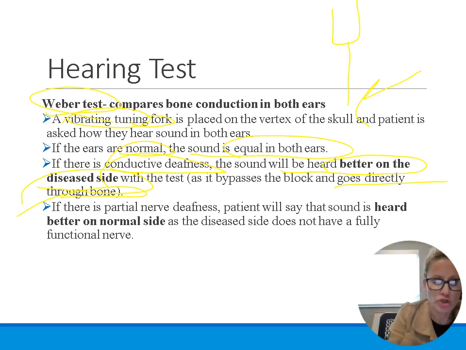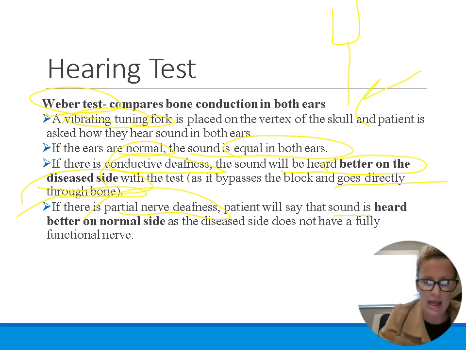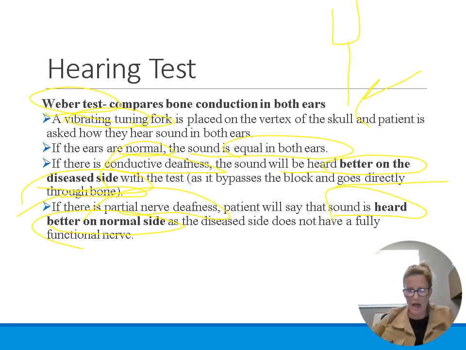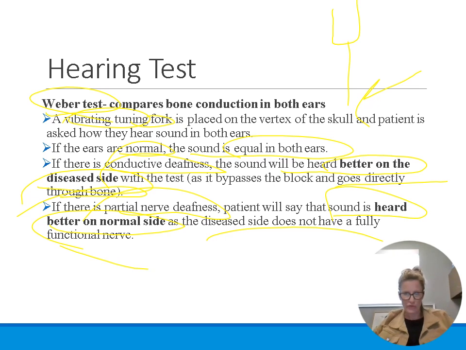If there's partial nerve deafness, meaning one of their nerves is not working and they're deaf in one ear because of it, then the sound is going to be heard better on the normal side, because the diseased side does not have a fully functional nerve.